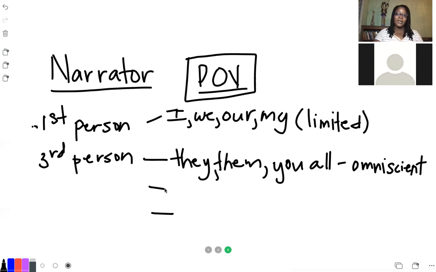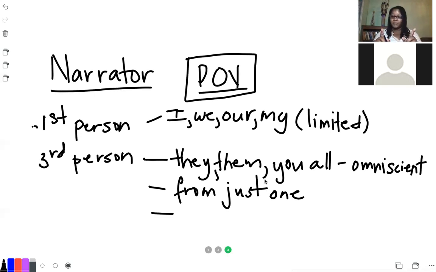Now, the third person narrator can also be speaking from just one perspective. The difference though with the third person from just one perspective and the first person is that they're going to be using the third person pronouns.